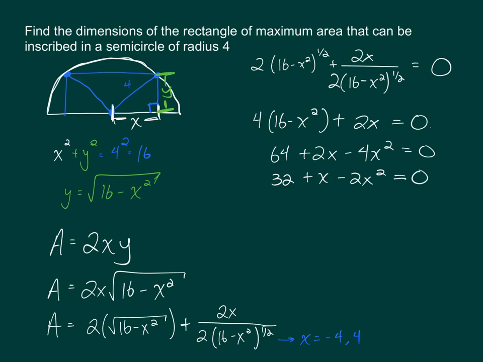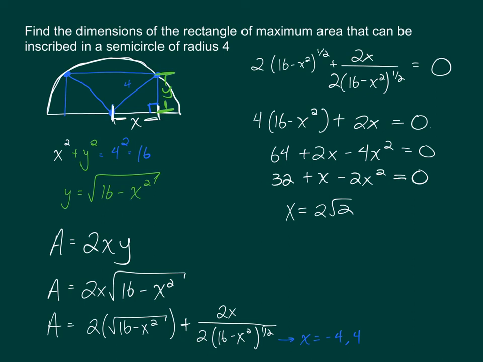And unfortunately, I don't believe this is going to factor. So you can use the quadratic formula, and you'll see that the only positive answer you get here is x equals 2 square root of 2, or square root of 8.